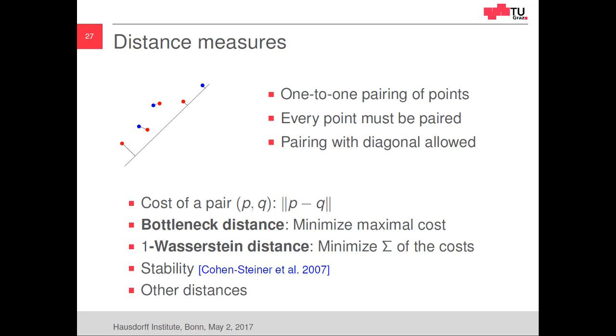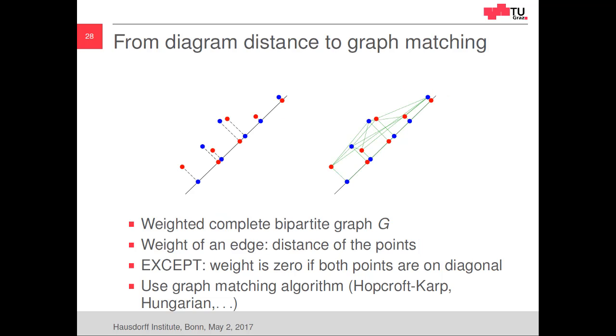Now, how do we do this computationally? There is this trick that I also explained on Friday. You can turn this into a graph problem by saying the projection of every red point becomes a point in the blue diagram and vice versa. And then you have the same number of red and blue points. Now you can set up a complete weighted bipartite graph.